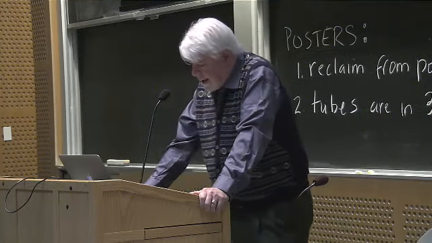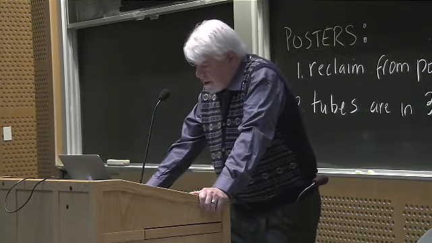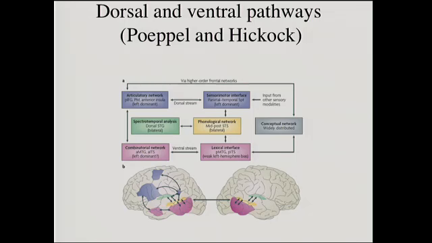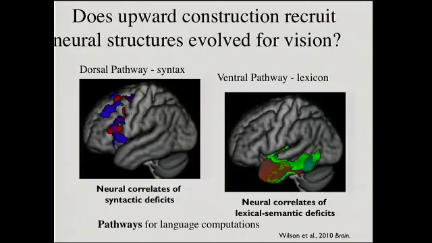And if we look at that, especially as articulated, for example, by David Poeppel and Greg Hickok, in today's way of thinking there are dorsal pathways and ventral pathways, two major pathways that correspond to different areas of the brain and to different kinds of computational processes or circuits.